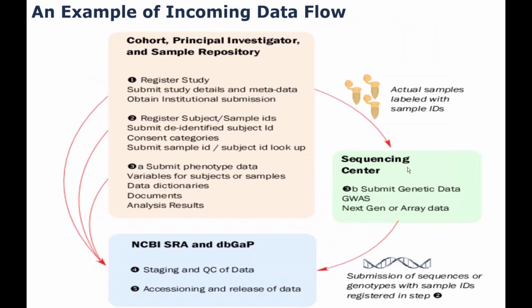And then often we see that studies have a sequencing center, and this might be the Broad, Baylor, New York Genome Center, others that are submitting data on behalf of the PI and will be housed in what we call a study in dbGaP.